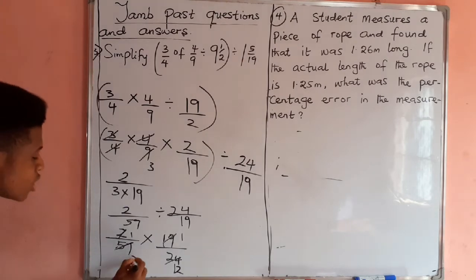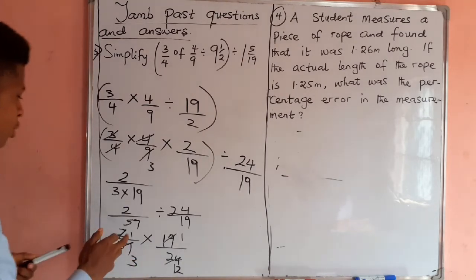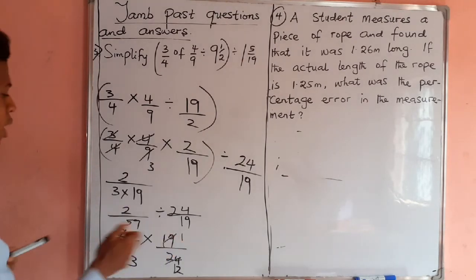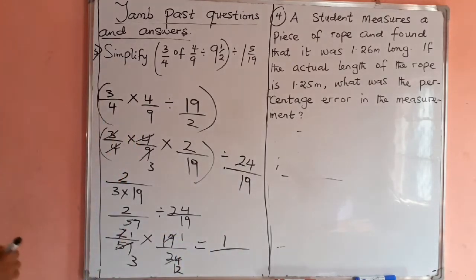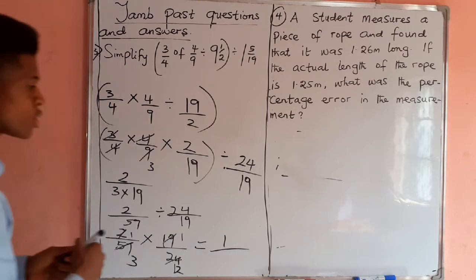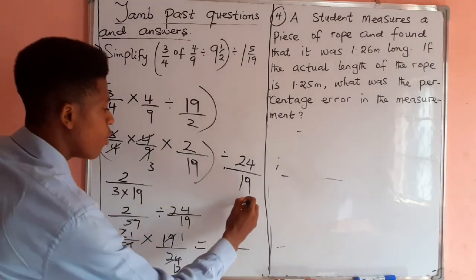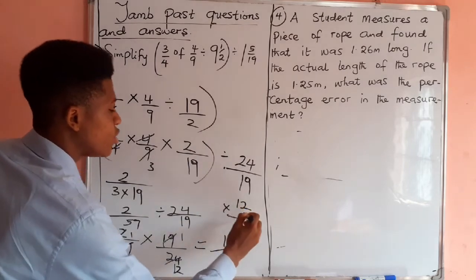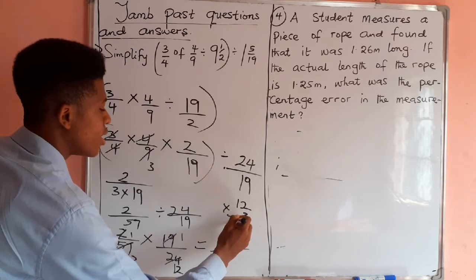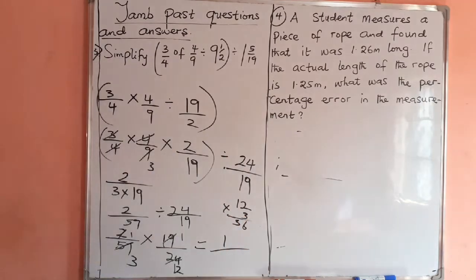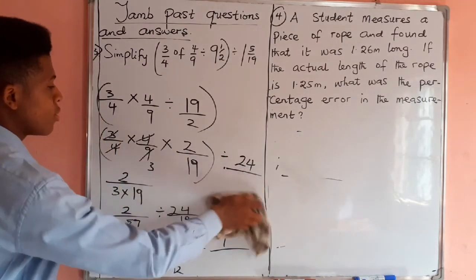So write 3 over here. So this is equivalent to 1 times 1, which is the same thing as 1 over what? 3 times 12. 3 times 12 is what? 12 times 3. 3 times 2 is 6. 3 times 1 is 3, which is 36.